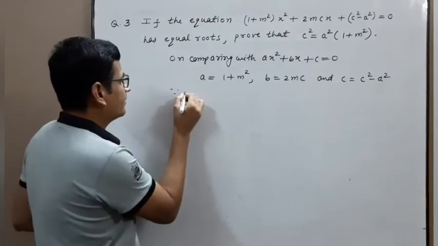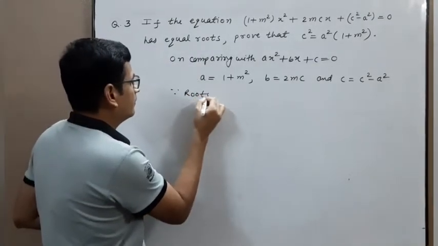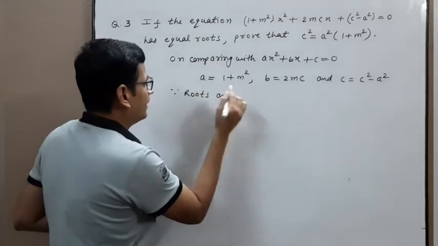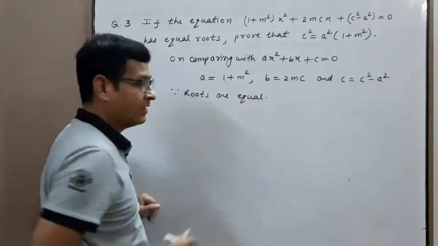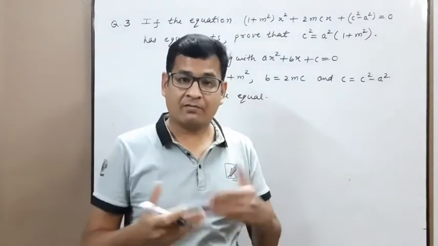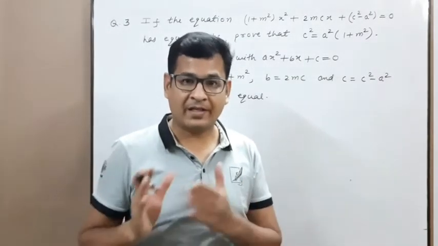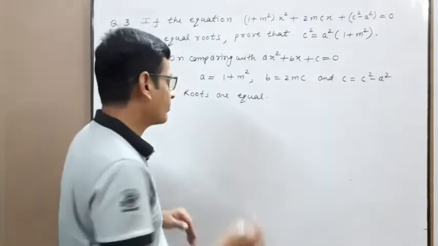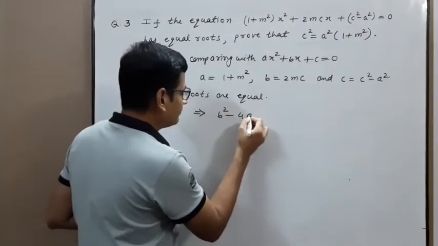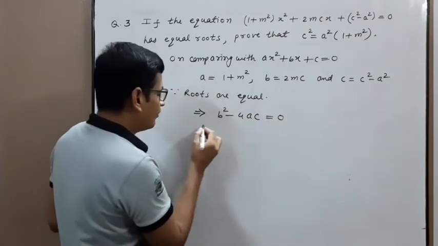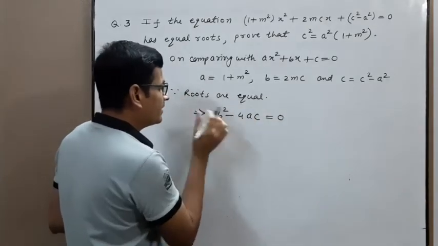Now since the roots are equal, when the value of the discriminant equal to 0, means b square minus 4ac equal to 0. Now tell me the value of b square.